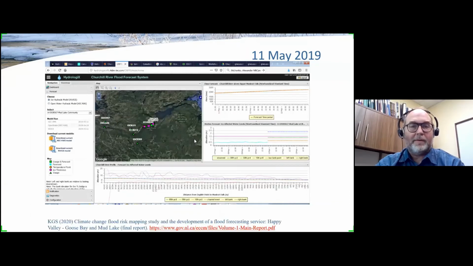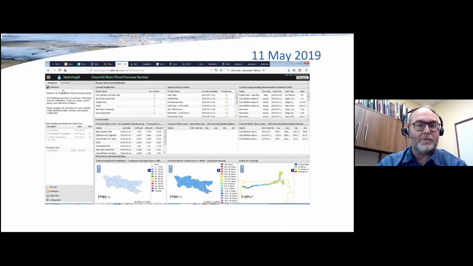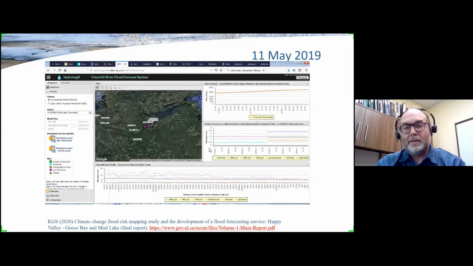And this is the forecast board. Sorry, that was the dashboard. And then we also have other tabs here for notifications, diagnostics, making sure our models are running correctly, configuring the system, and also forecasting here as well. And here are the flows that have been forecast in the next 3 days.